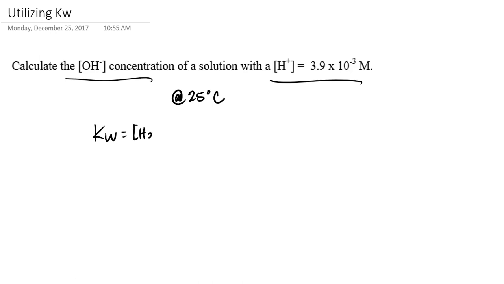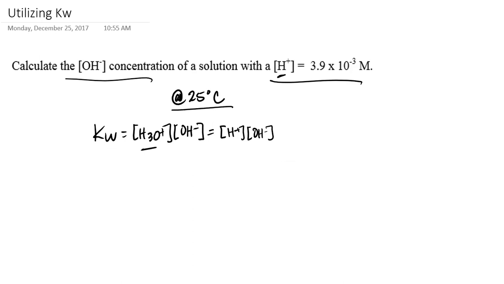Kw is H3O plus, my hydronium ion concentration, times my hydroxide ion concentration. Now again, recall the hydronium and hydrogen are considered pretty much equivalent in terms of acid-base behavior. So we could also consider this the proton concentration multiplied by the hydroxide ion concentration.